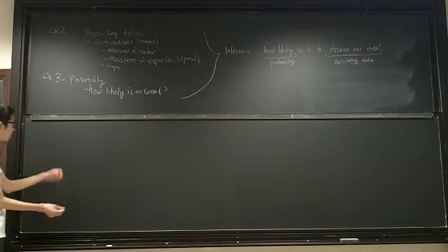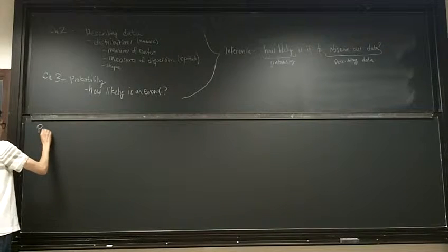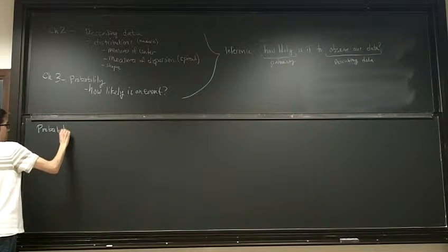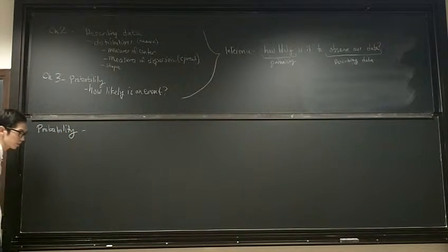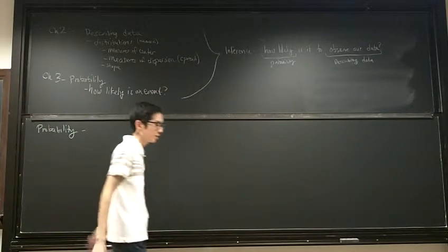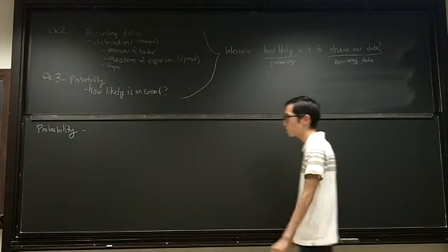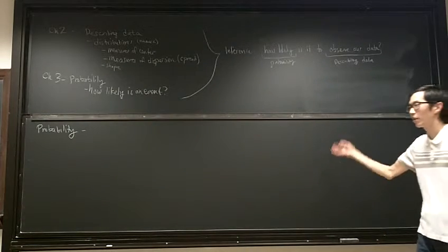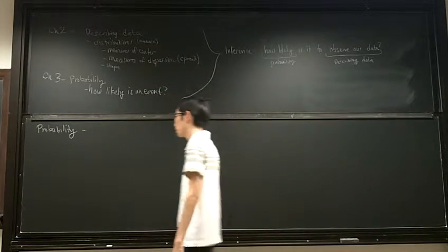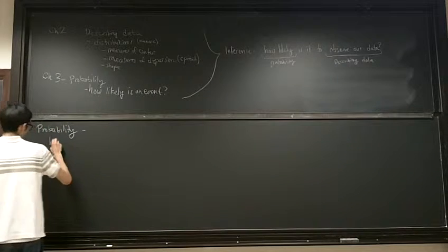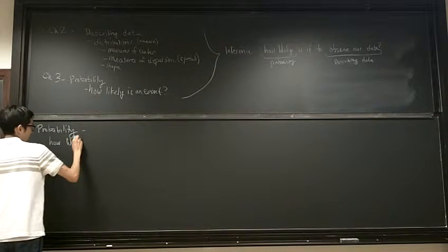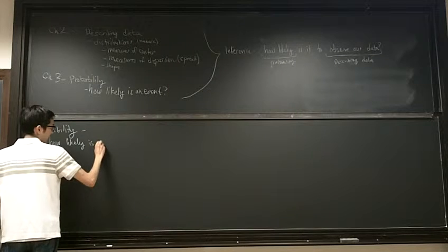Okay, so let's talk about probability. We already kind of talked about, when we talk about probability, we're asking how likely, what is the chance something occurs? How likely is an event?